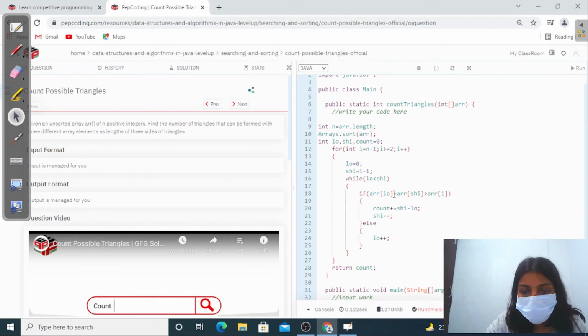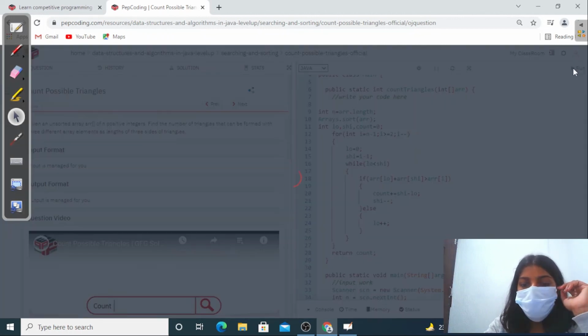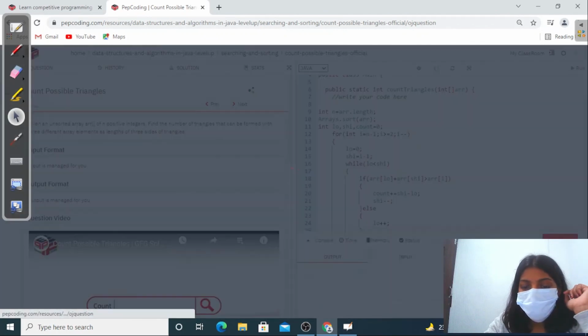If arr of low plus arr of sh is greater than arr of i, then sh minus low plus plus. Let's see what happens. Okay, it should be i minus minus. And now let's try to run this code. Okay, accepted. And let's try to submit this.